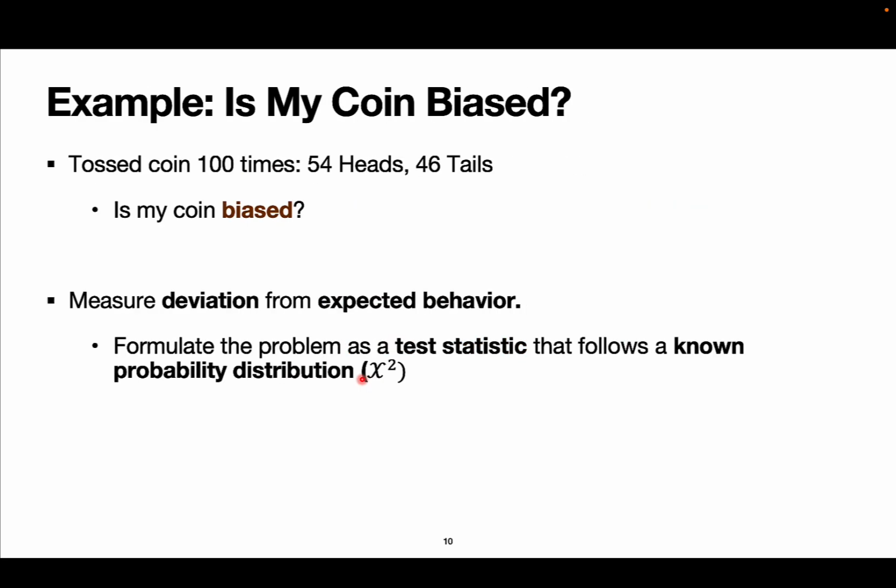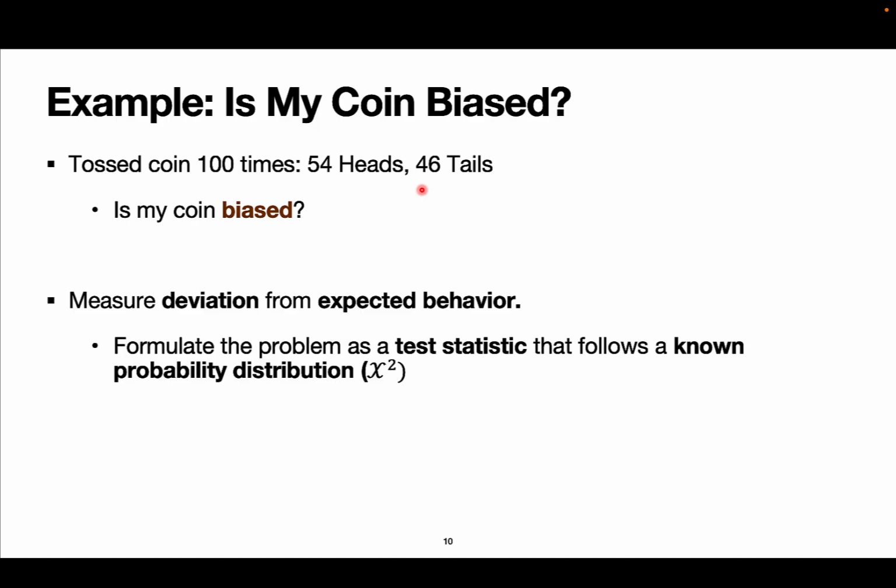As a motivational example, we will work out the coin tossing problem. In this formulation, suppose that we tossed a coin 400 times and observed 54 heads and 46 tails. Is my coin biased? We need a statistical hypothesis test because we already know that the expected behavior should be 50-50, but we are seeing 54 and 46.